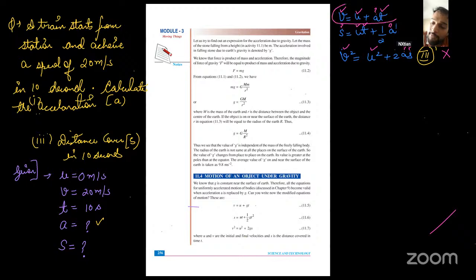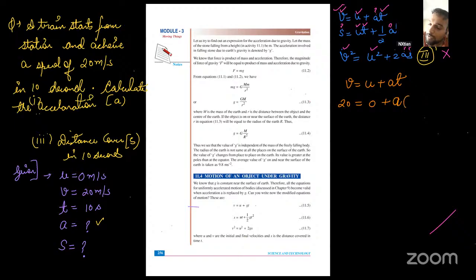Now you got why we are using the first equation, because in the first equation only one thing is unknown to us. So we will solve the first equation first. We know that v is equal to u plus at. Now v is given as 20, u is given as 0, plus a, which I have to find, into time, which is given as 10.